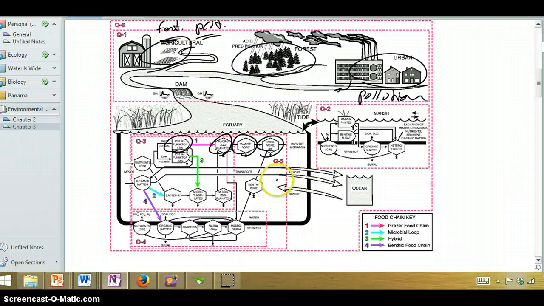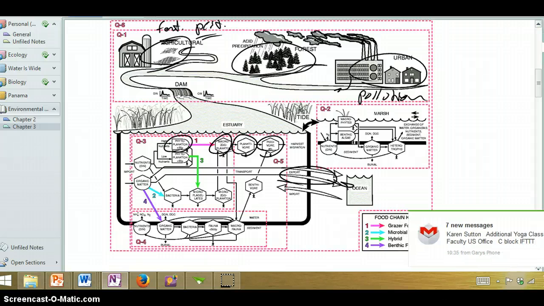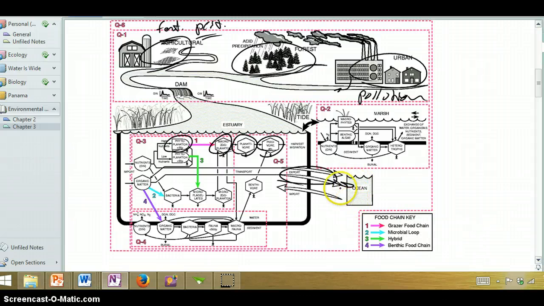And then, of course, some of this stuff gets back out to the oceans. And some of it then gets back from the oceans into the terrestrial system through, of course, rain and snow. That's supposed to say rain, by the way. All right.